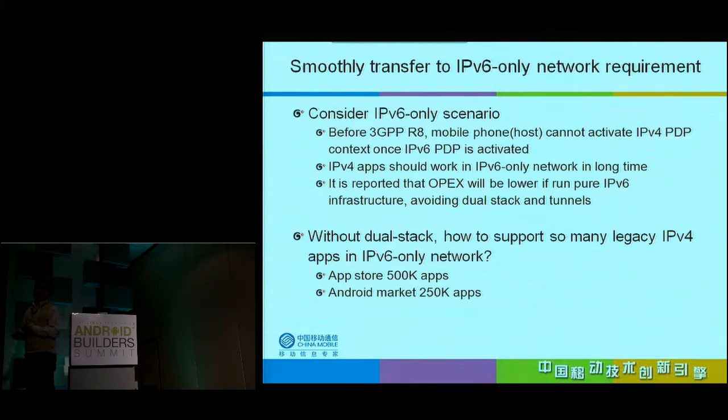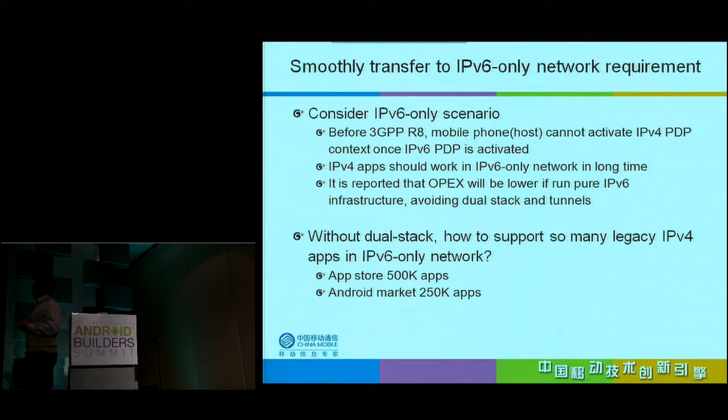This is a long period. So in China Mobile, the IPv6 pure network requirement is very critical now, and we have to do lots of trials in the network.